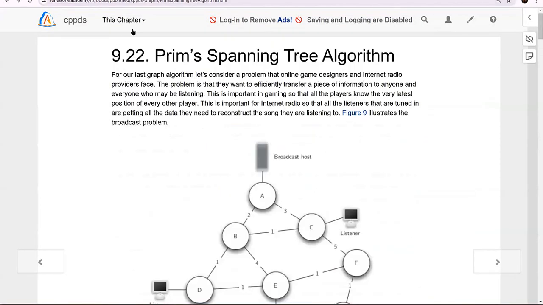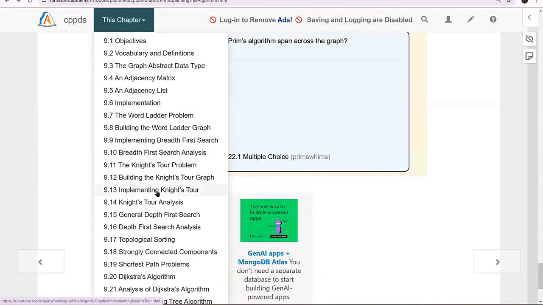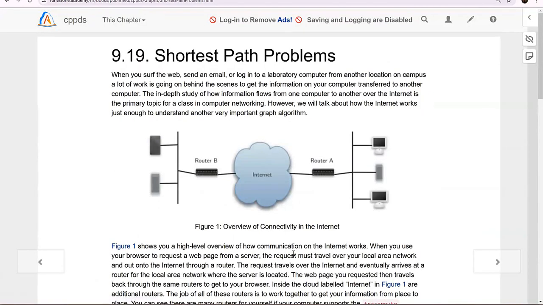I'm sorry, so this one is called Dijkstra's algorithm. We're going to cover the shortest path algorithm using Dijkstra's algorithm. Okay, so the shortest path problem is different from the minimum spanning tree. In the shortest path problem, we do have a network.